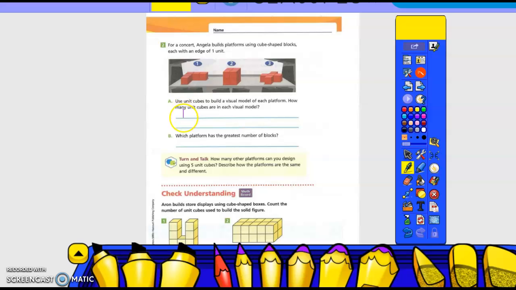Okay, so 1, there are 5 unit cubes. 2, there are, so we have how many in each layer? 4, and there's 2 layers, so there's 8 unit cubes. And then 3, how many unit cubes? 5. So which platform has the greatest number of blocks? 2. Platform 2.